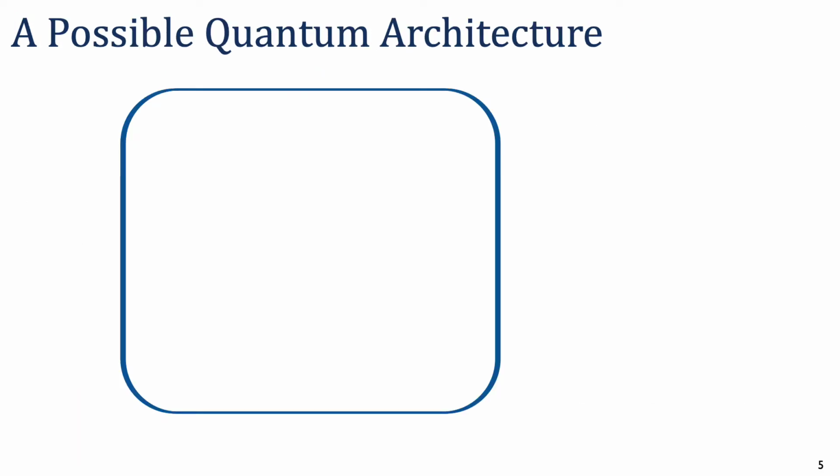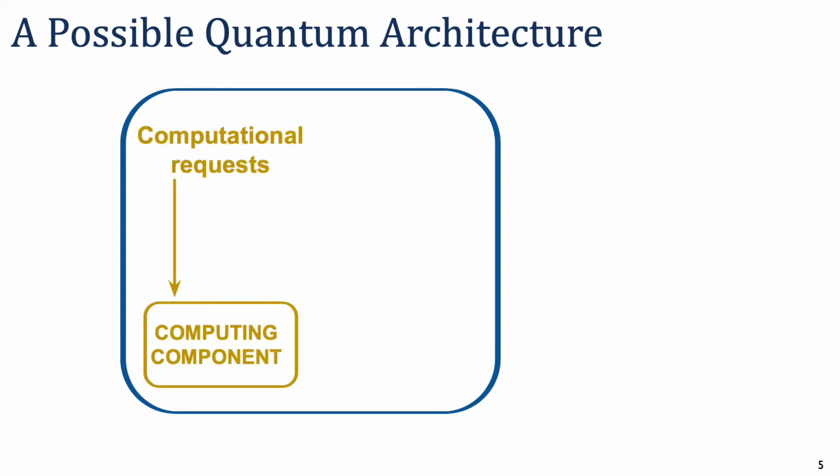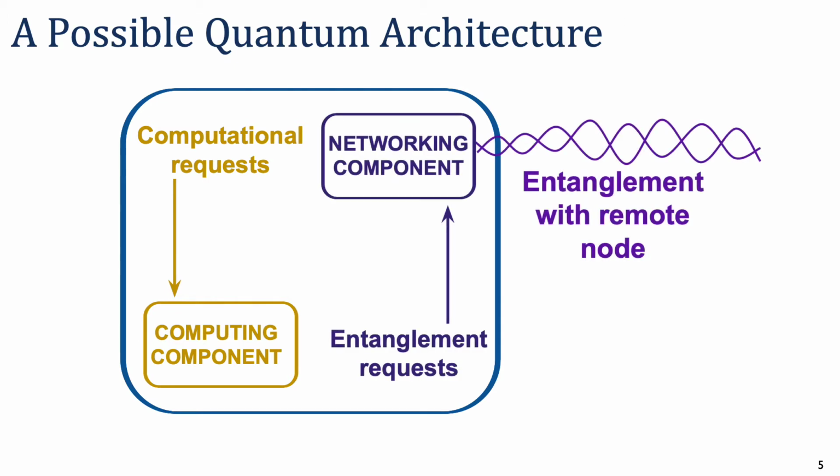Let's examine a quantum architecture in more detail. Any distributed quantum architecture must have some key features. For one, it must be able to perform local quantum computation. So it will have a computing component, and computational requests from a user or an application are forwarded to this component. Another key feature of a distributed quantum architecture is to be able to generate entanglement with remote nodes.